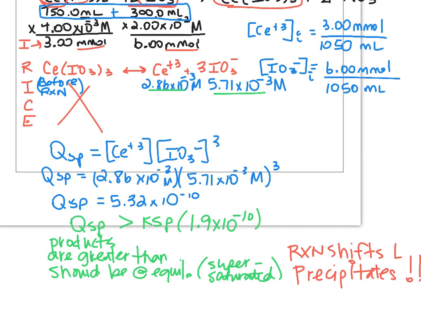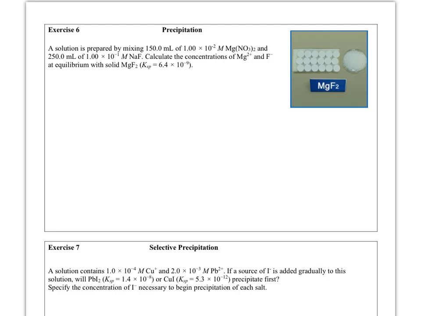I hope that makes sense. So if QSP is greater, we know that there's more products than there should be at equilibrium, so we're supersaturated. Unstable, that means we're going to have to basically shift back, use some of those ions, and decrease that solubility content. Okay? All right, let's go on to one more.